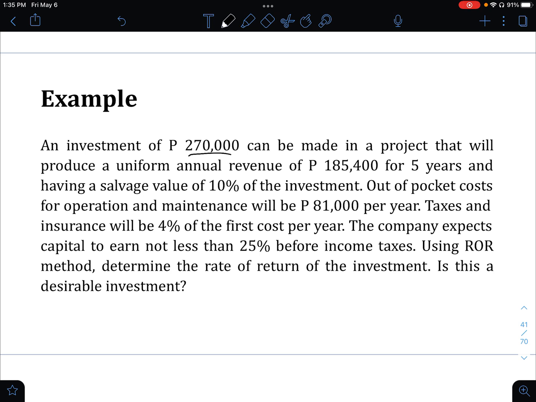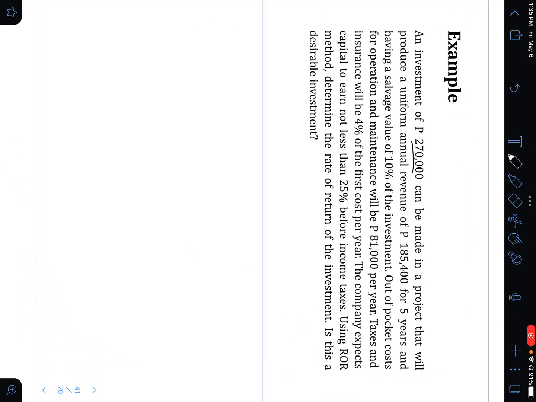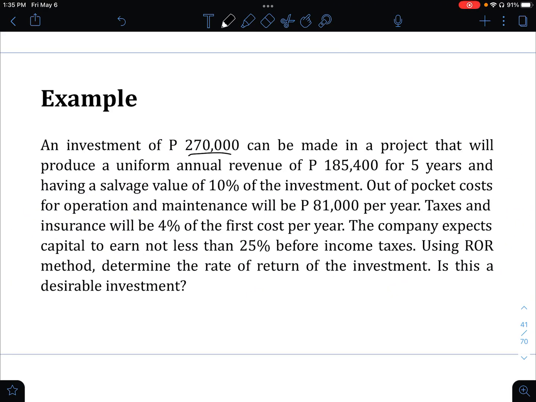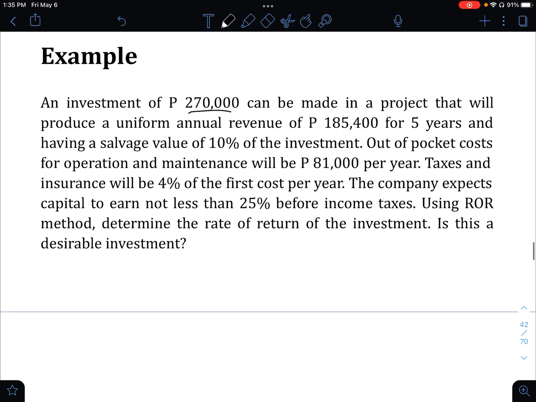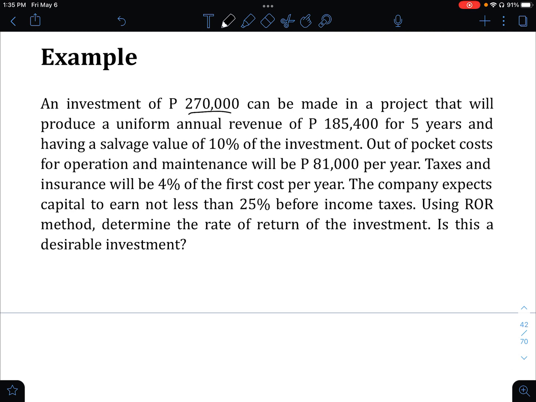So the first cost, the present, is 270,000 pesos.